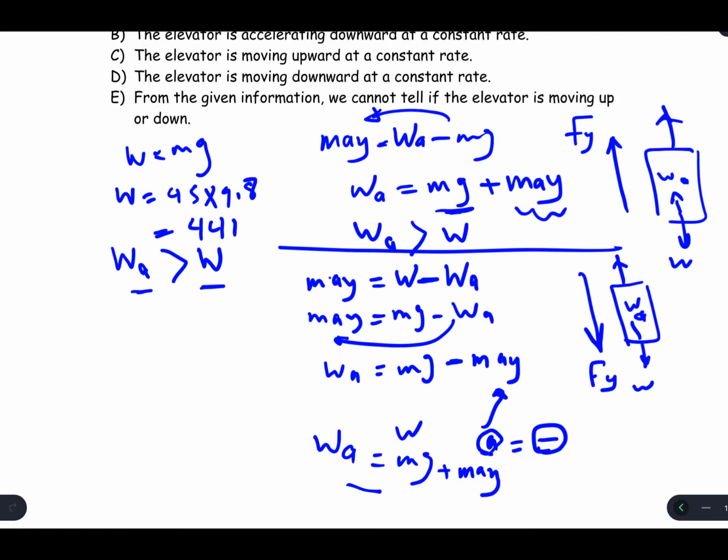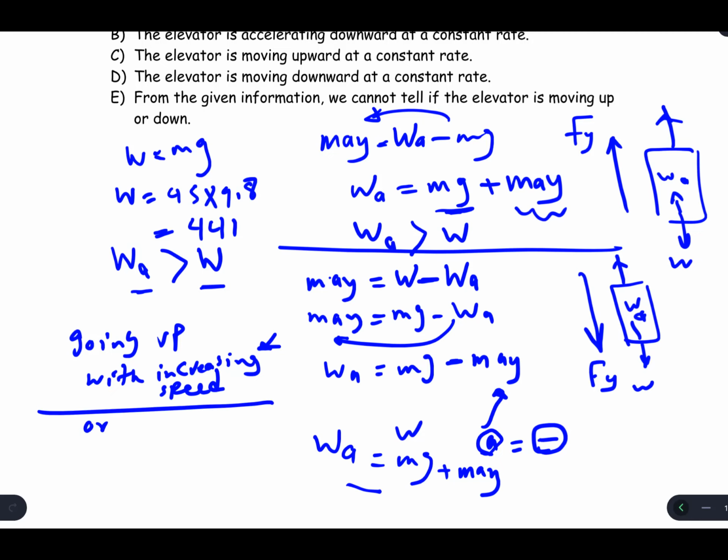So it may be that the elevator is going up with increasing speed, which means acceleration, or going down with slowing speed, which means with deceleration.